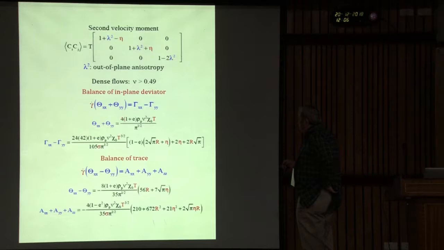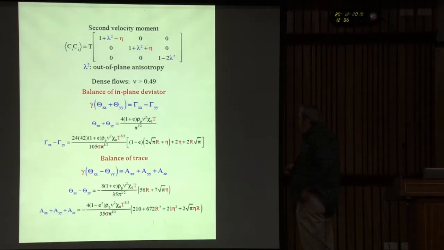You've got a balance equation for the in-plane deviatoric stress, and that balance between those components of really the collisional stress is balanced by a collisional production term.